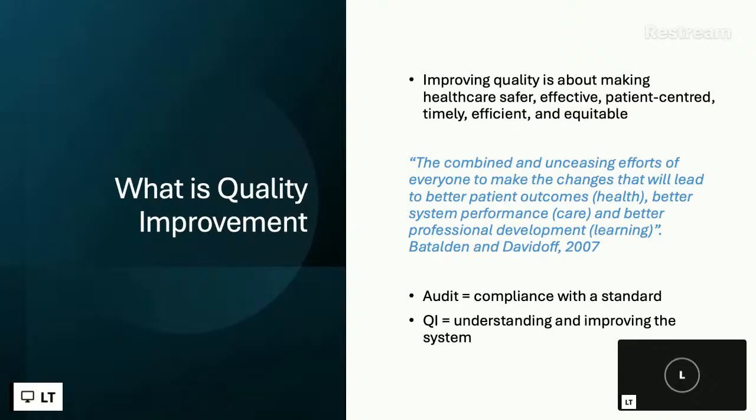QI looks at the system, identifies the barriers, and tests small changes, and we'll do some activities later on to make it a bit more fun, to see how we can improve the outcome. So essentially, audit measures performance at a point in time, whereas QI improves the system over time. That's a very distinct difference that we have to recognize and keep in mind.